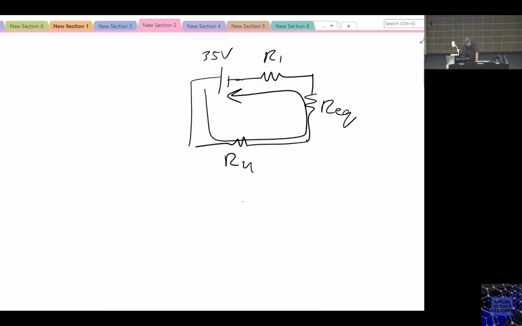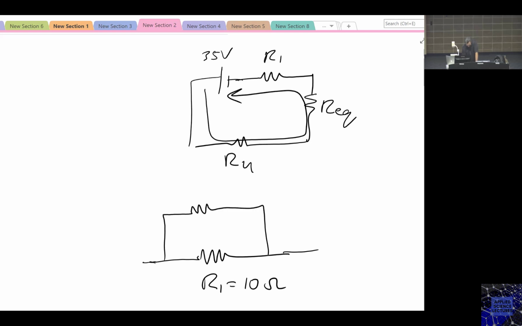so here, let me show you. I have this resistor, R1 equals, let's say, 1 ohm. And I brought another resistor here, I connected it in parallel, but this one is 10 ohms.